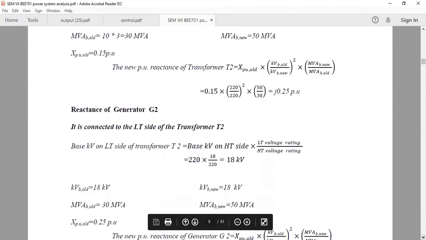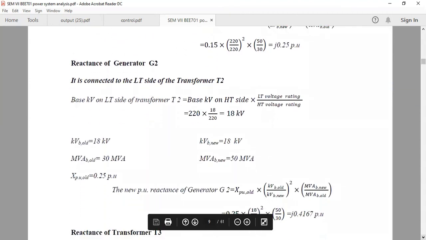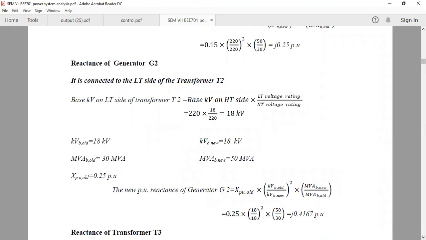Then we'll proceed to the reactance of generator G2. It is connected to the LT side of transformer T2. Therefore, its new base voltage is 18 kV as per the formula. The new kV base voltage is 18 kV and its old voltage is also 18 kV.